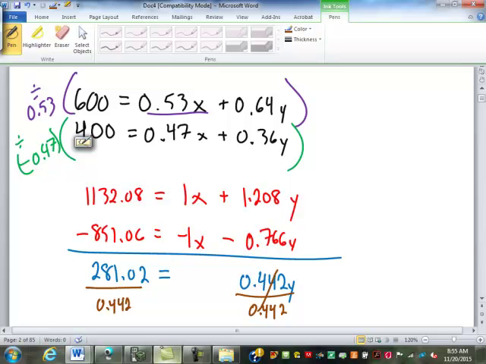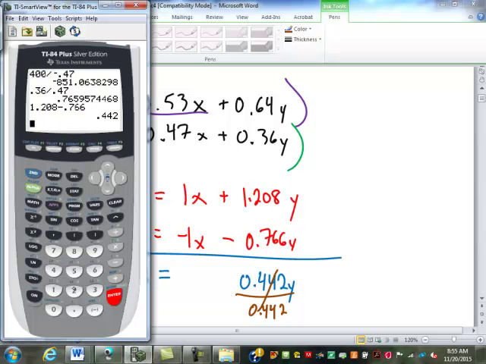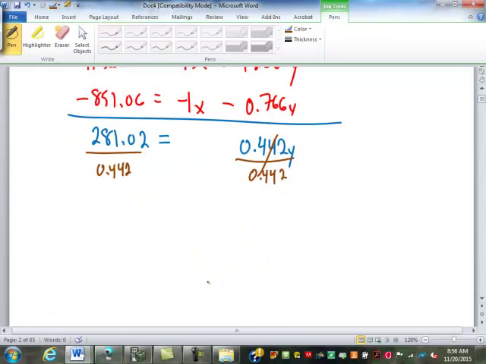So 281.02 divided by 0.442 is 635.792. This was 635.79 grams. Is y.